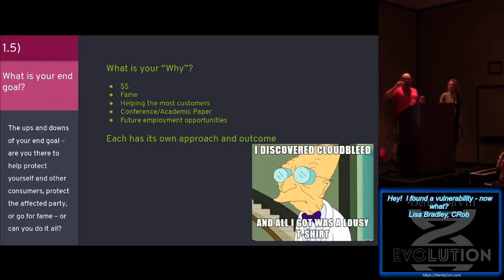They're trying to actually make the community better. Are you looking to present at a conference like DerbyCon and share your findings with the world and earn yourself some intellectual or academic prestige? Are you looking for a future employment opportunity? A lot of companies see security researchers as potential future employees. If you have a good relationship and you interact well with each other, it might be a job for you someday.